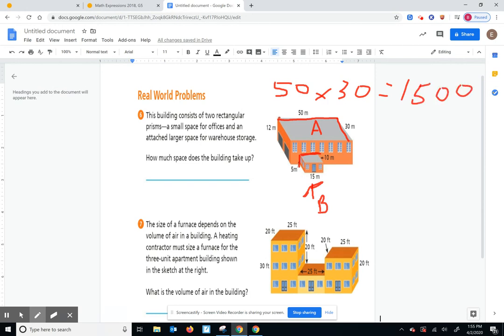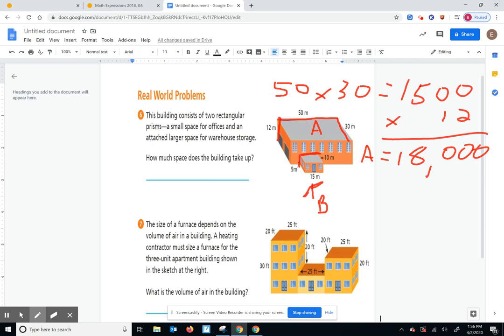And then I'm going to multiply that by the height of the entire large building, which would be 12, and that is going to get me an answer of 18,000. So that is the volume of rectangular prism A right there, 18,000.